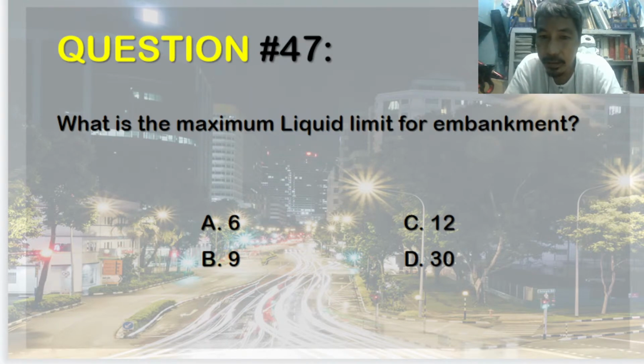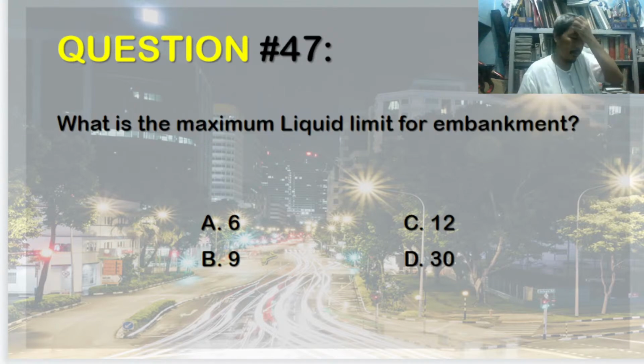Only letter. Okay? Don't put anything. For example, you have to answer number 47, letter D. Do not answer number 47, letter D, 30. Do not include the 30. Only the letter of the correct answer. Okay? So, after this break, we will have a quiz. So, please prepare for the quiz.